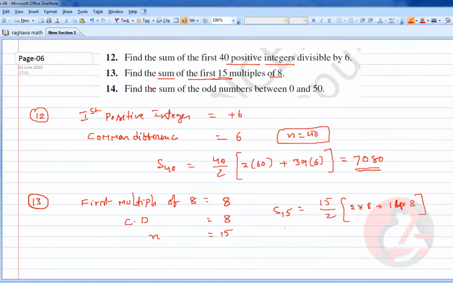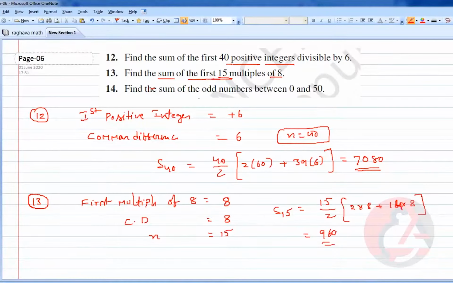Sir, the answer is 960. Who got the 960? I think somebody told 960 earlier, but the voice was very low. So it's correct.